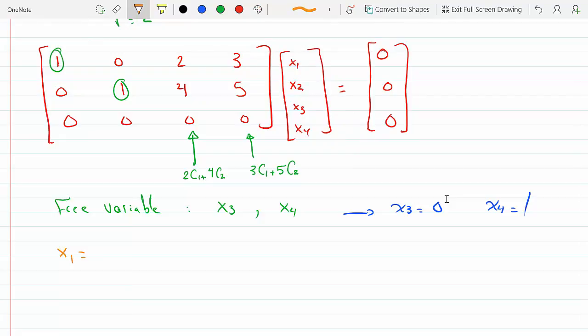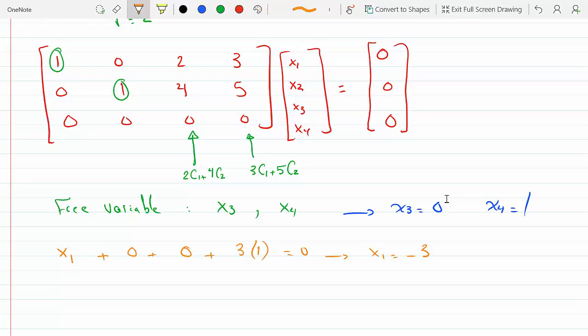From the first equation, x1 plus 0x2 plus 2x3, so plus 0 because x3 is 0, plus 3x4, 3 times 1, equals 0, which would make x1 equal -3.